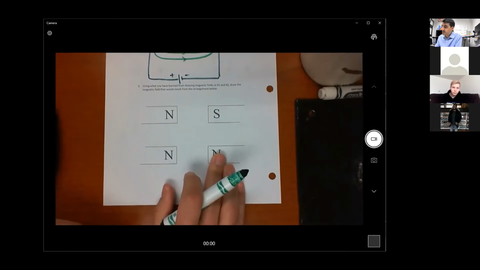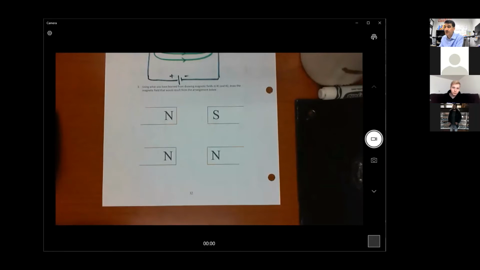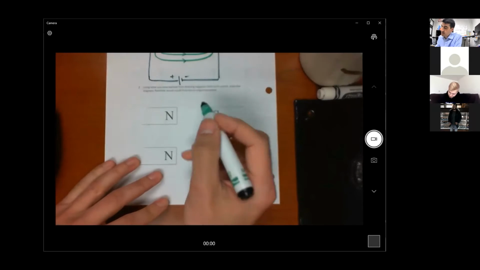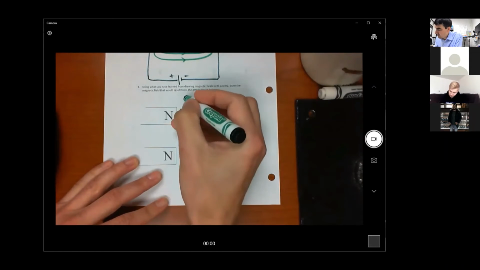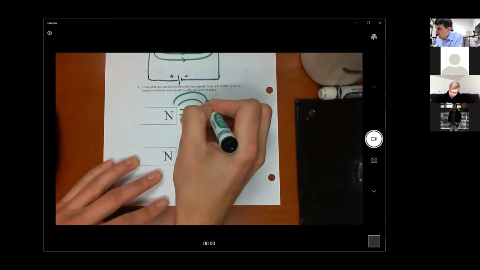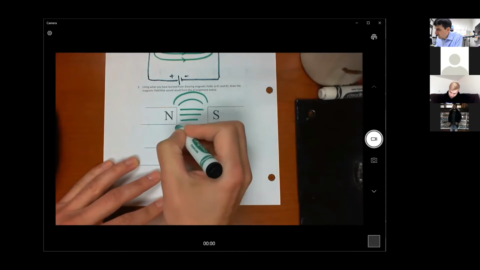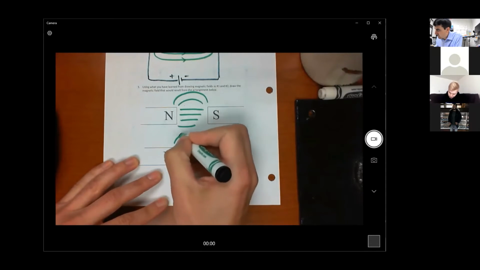Number 3 is the last one here. It's the only one that we didn't do or really talk about very much in class last week. But the same rules apply. You still got to draw lines of magnetic flux. They got to go from north to south. They can't intersect. Those are basically the rules. So, they're going to look something like this. I'll draw the arrows in a little bit, but they're going to go kind of like this.